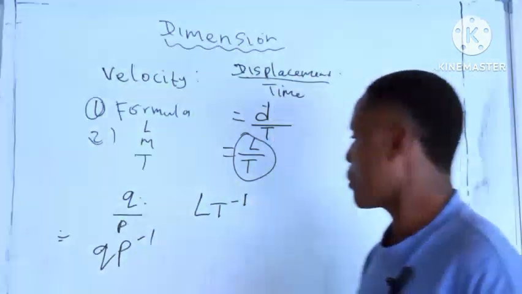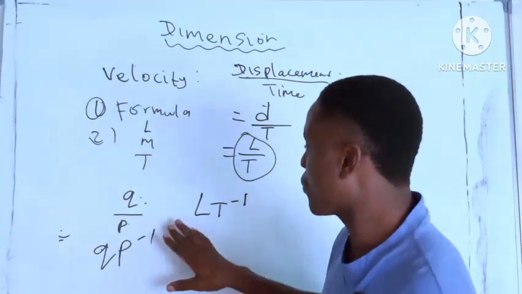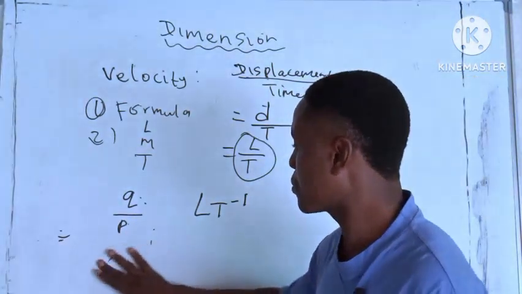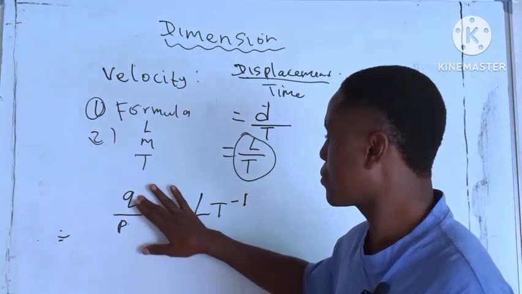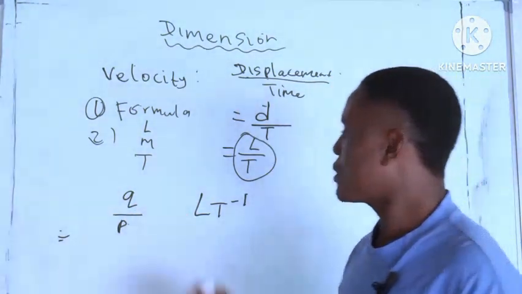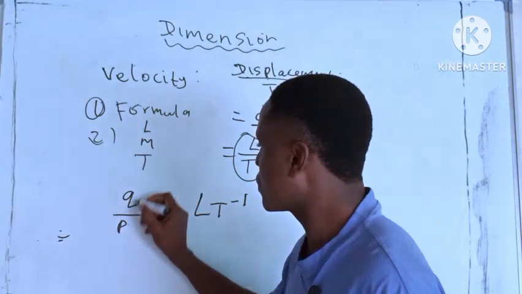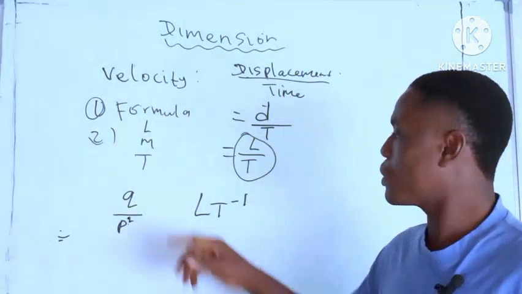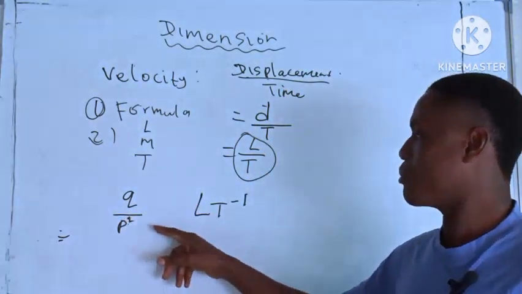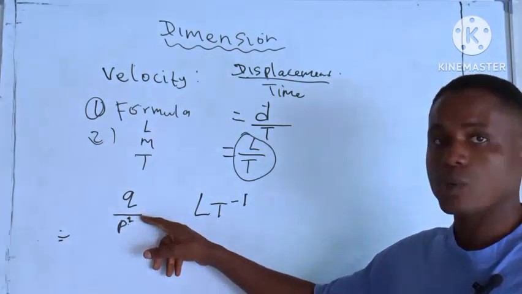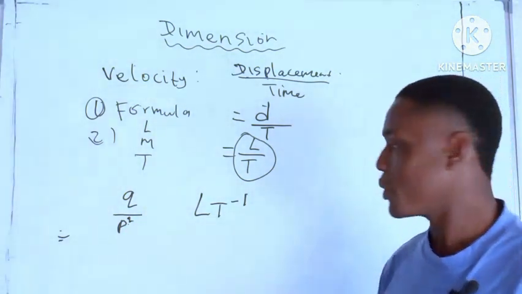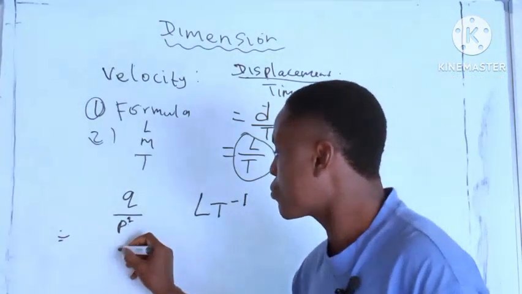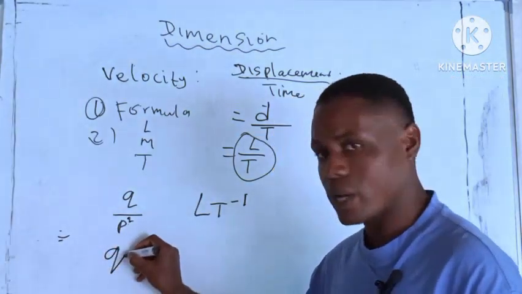Let me show you another example. Let's say we have q divided by p square, or p raised to power 2. If you want to change it, it will be in this form: q, right?